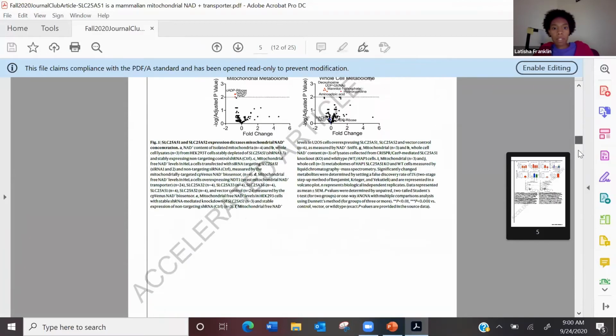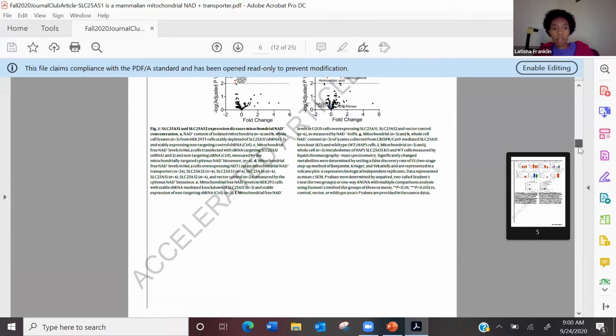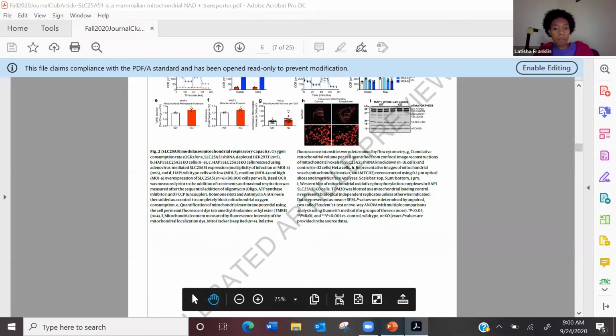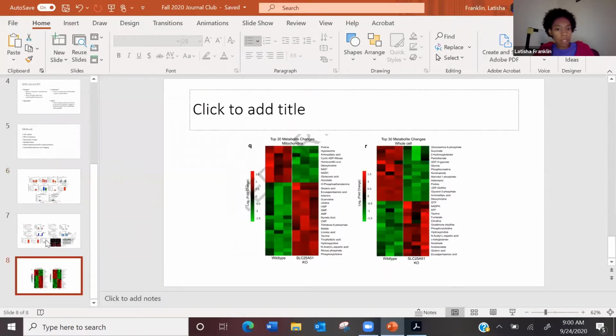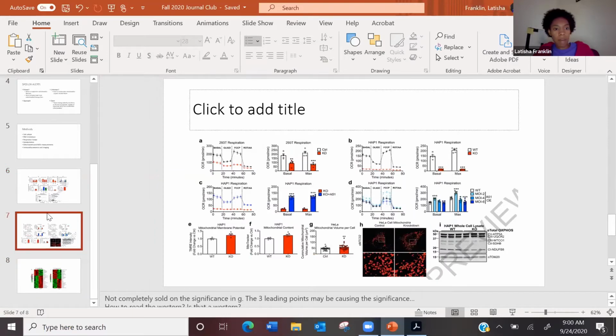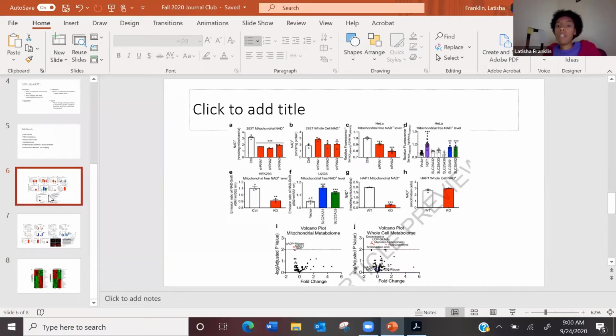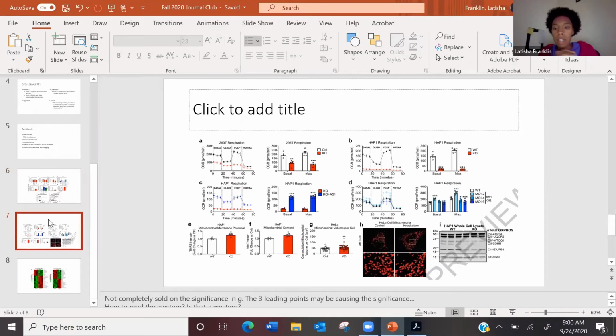For now, I'm just going to copy and paste all of the figures and then pick and choose specific ones out of it. That is a lot of figures to talk about. I'm not going to leave all figures A through J on one slide because that's too much to look at. You will see at the end how I break them up.